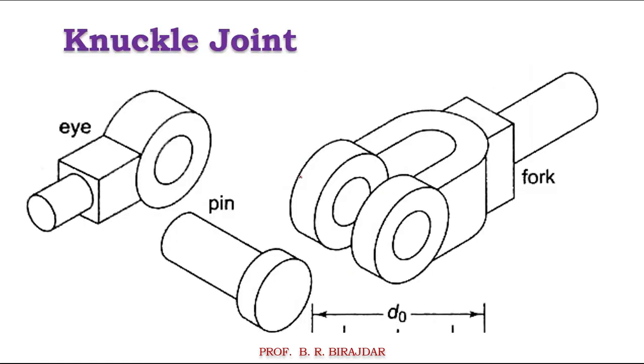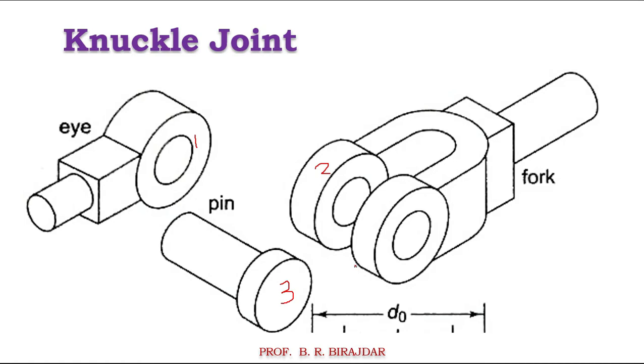Now, just now I said that it has three major components. One is the eye end, second is the fork end, and the third is the pin, right? So this is the first, this is the second, and this is the third. These are the three things which we have to design.